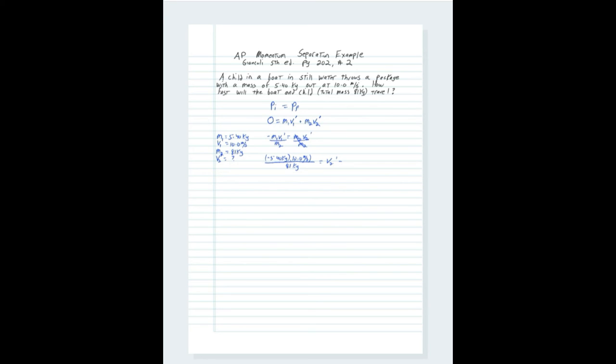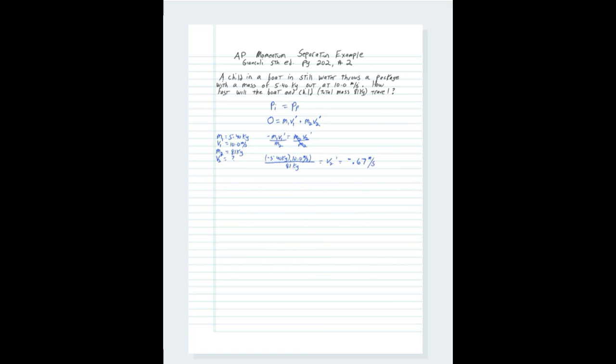And if we calculate that out, we get 0.67 meters per second with the negative sign.